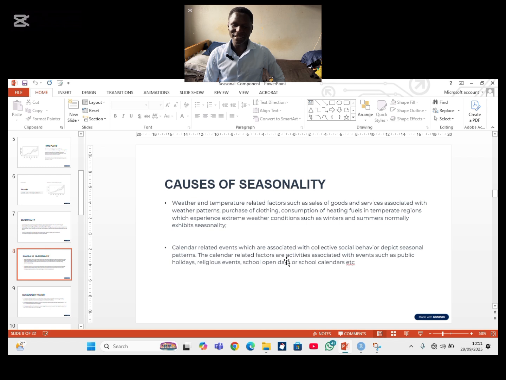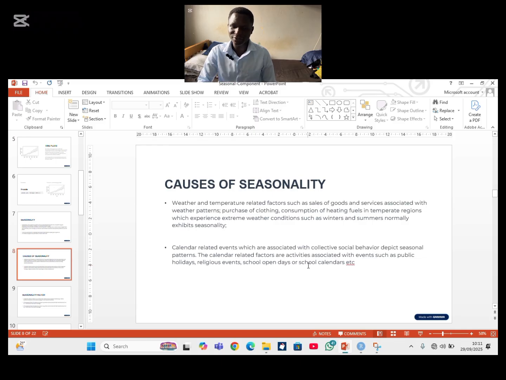Now, just to put it in context, in Uganda, usually when students are reporting back to school, you notice that the number of cars on roads at a particular point in time, or maybe during the day, increases, and you will receive a lot of jam on such days when students are reporting back to school.